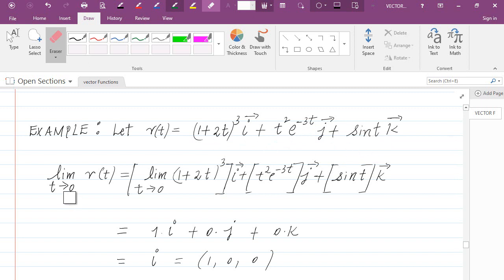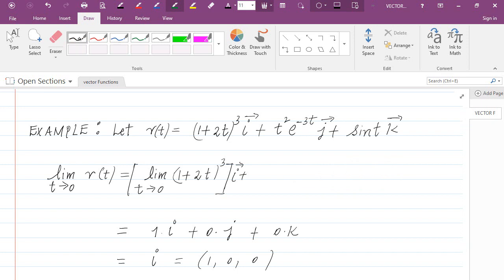If I want to take the limit of R of t as t goes to 0, I'm going to take the limit of each component. So I take the limit of 1 plus 2t cubed as t goes to 0, and then the limit of the second component. I see that I forgot to write limit in these two terms.